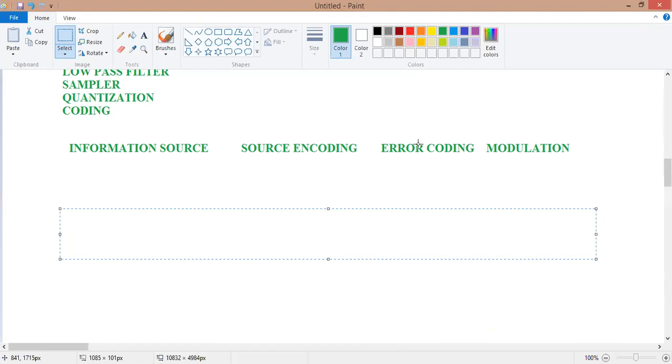Next is the source decoding technique, where again the extra zero bits that were removed may be added back, and we need to decode all that information first. Then the signal may be passed through a low pass filter, and you will get your output.